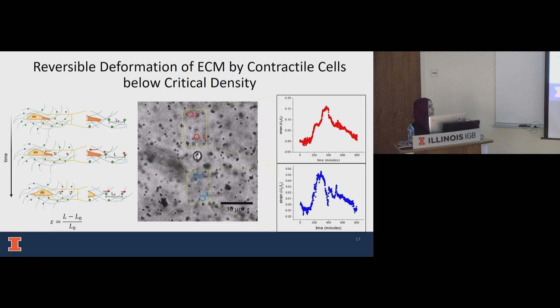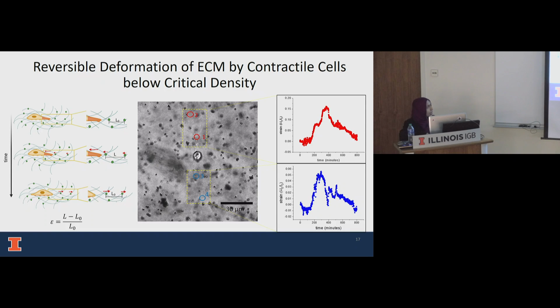And as they leave one place, the fibers eventually go back to their zero strain state, which we can see from here. So this tells us that single cell ECM interaction is reversible in our case, contrary to the irreversible compaction that we have seen before. And this probably tells us the reason why we see uniform fiber distribution as well, since this is a reversible process.